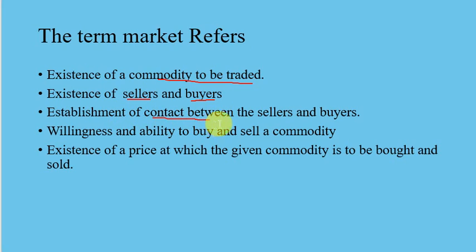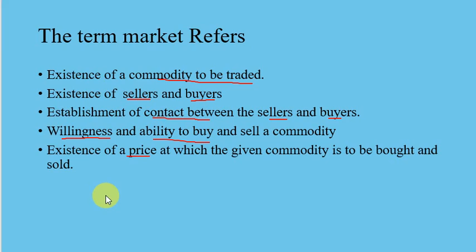Contact between the sellers and the buyers is required. Another important aspect is the willingness and ability to buy and sell a commodity, as people are willing and able to sell, and others are ready to buy the products. And in economics, the price at which the commodity is bought and sold is very important. These are all the important aspects to be considered in a market.